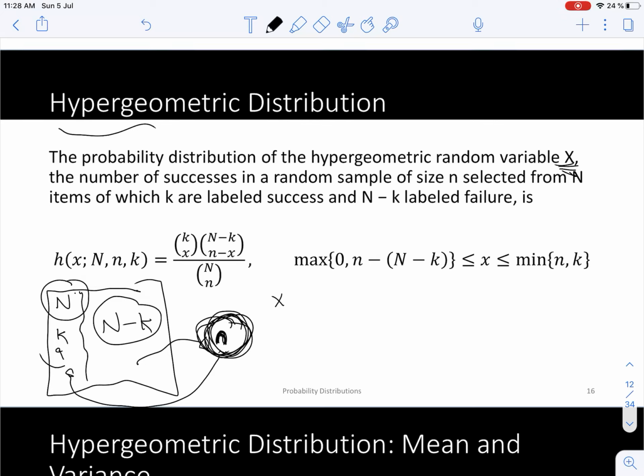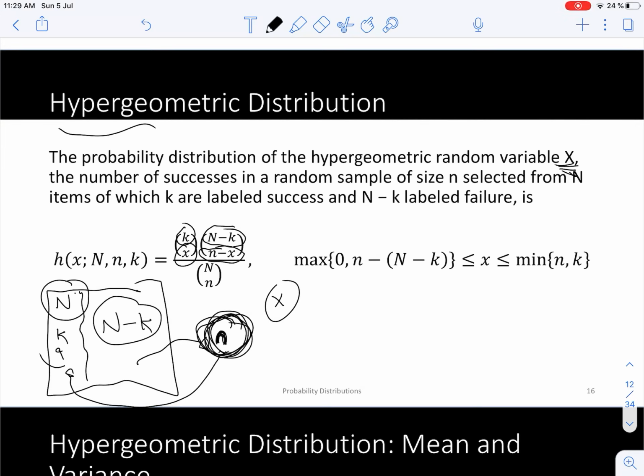Okay, and there is an equation that looks abstract at the beginning, but then you will notice that actually we have used that equation in the previous unit. The equation is to find the probability of x successes. So from the k labeled items we pick x, the successes, right? Then from the remaining items in the batch, N minus k, those are the items that are not labeled as the k items, we pick the remaining part of the sample size, right?